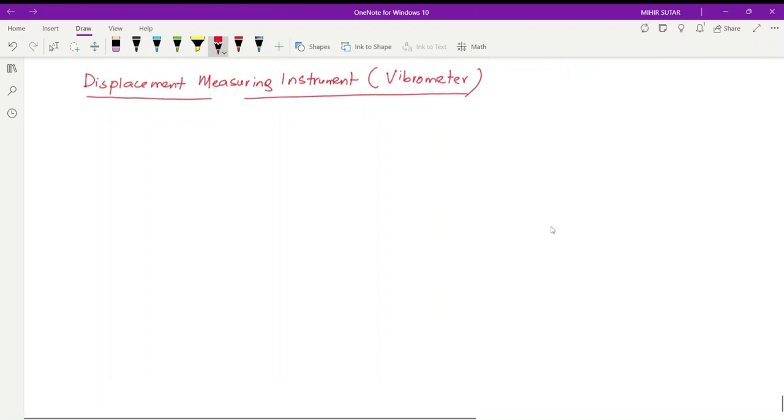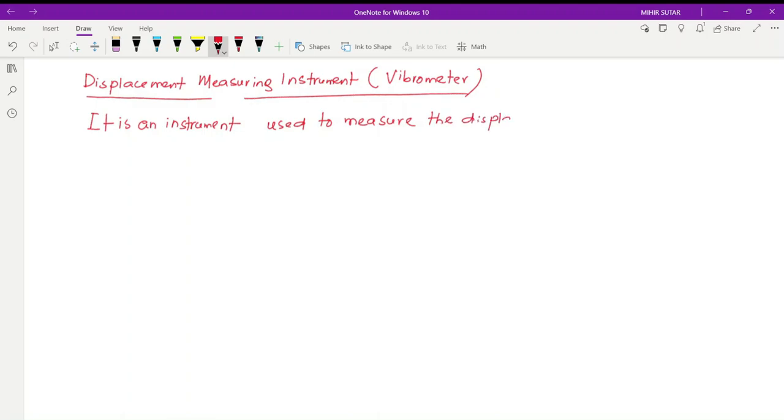Now, you can write it is an instrument used to measure the displacement of a vibrating system.